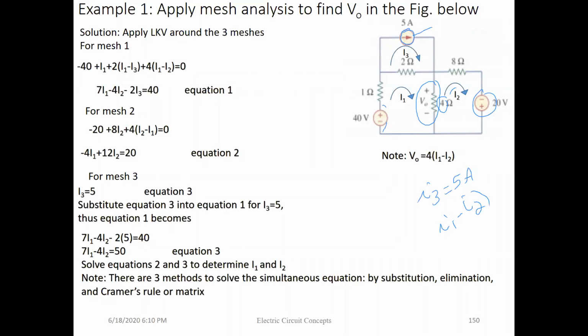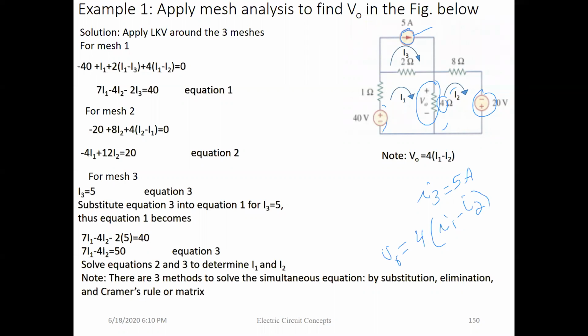Why? This is the current going through the resistor: I2 is going up and I1 is going down, so it will be I1 minus I2. Then we multiply that by 4, because Ohm's law says if you need to find the voltage, you need to know the current going through that resistor and multiply by the resistance value, and you get the voltage.